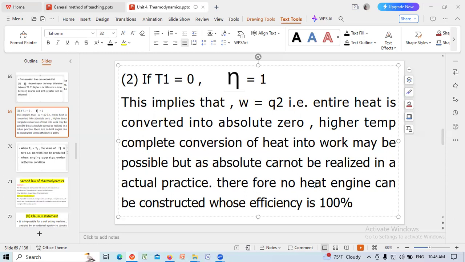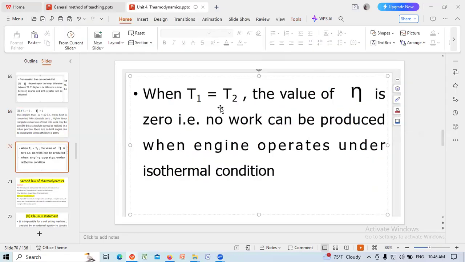Therefore, no heat engine can be constructed whose efficiency is 100%. When T1 equals T2, the value of eta is 0. That is, no work can be produced when the engine is operated under isothermal conditions.